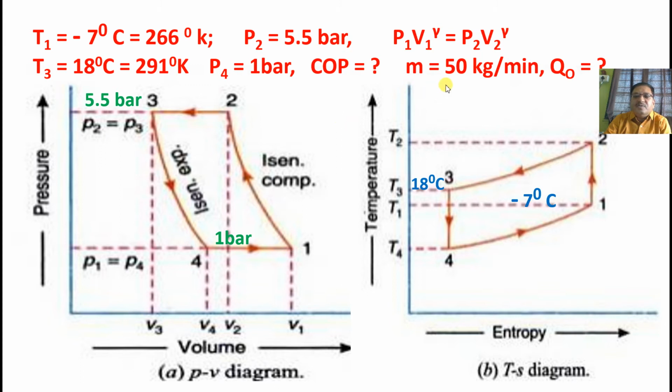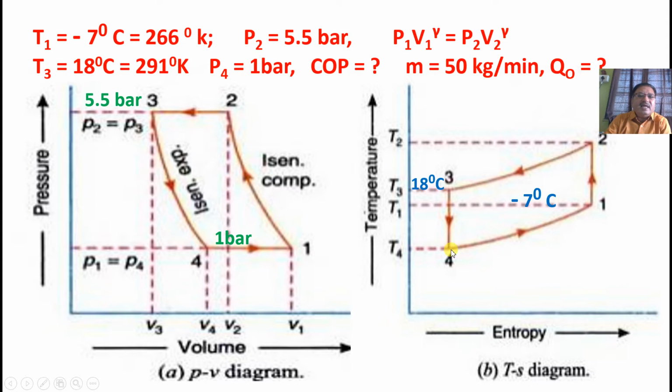You have to find the COP, and mass flow rate of the refrigerant is given as 50 kg per minute. So in this way the cycle is shown on the PV and TS diagram along with the values of the temperature and pressure which are given. Now we are going to find further values of the temperatures and pressure. We may find T2, so the value of T2 can be written here after finding, and then the value of T4 can also be written here.